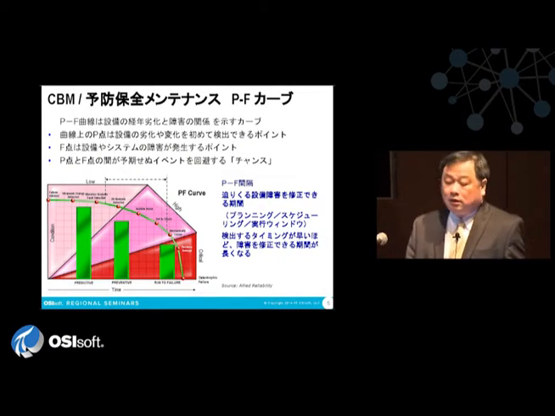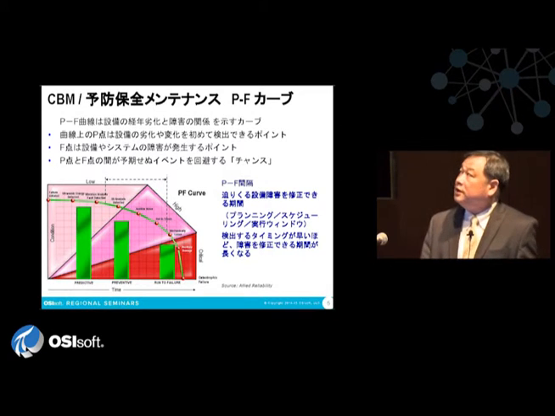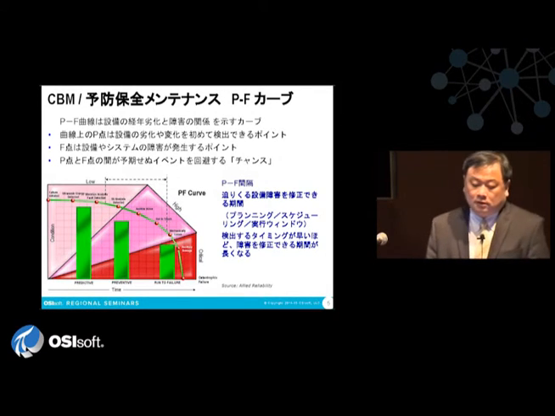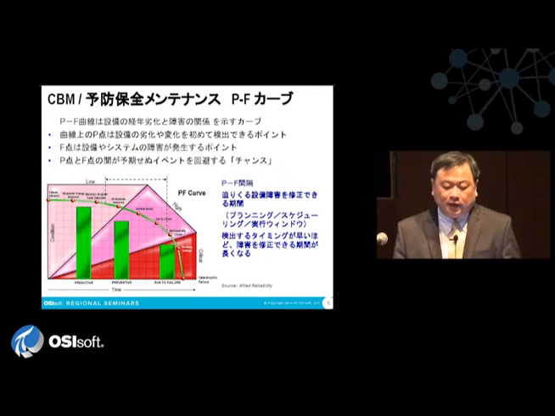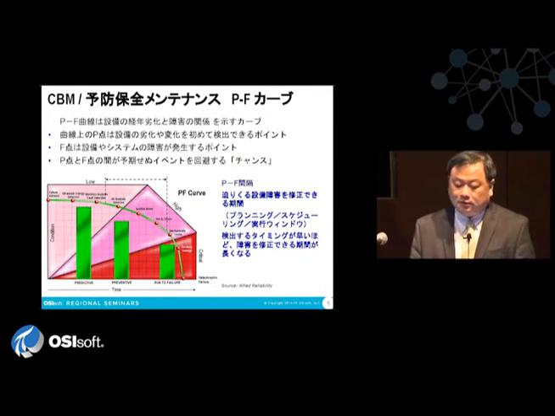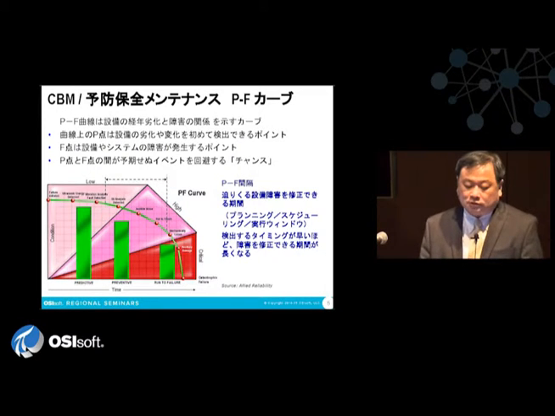This is called the maintenance PF curve. Many of you may have seen this before. I believe this is very important. I like to use it to describe a common understanding of equipment failure.